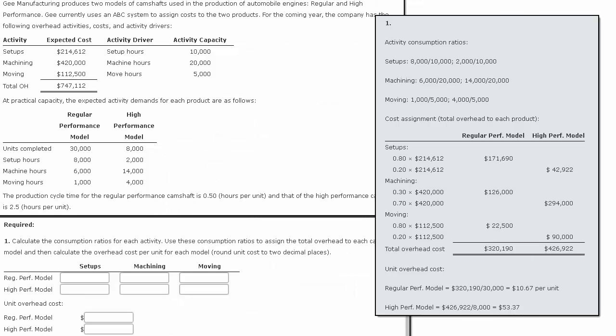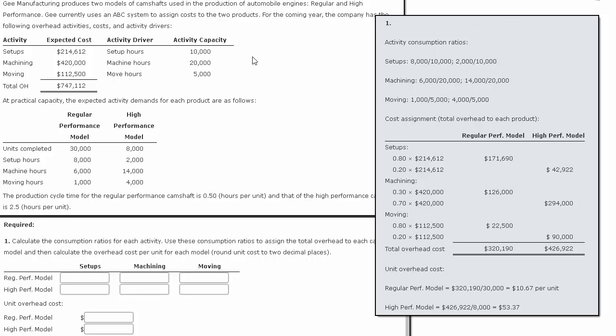Okay, so now you see the solution on the right part of the screen. How do we come up with the activity consumption ratio? Well, we take the 8,000, 6,000, and 1,000, setup hours, machining hours, and the moving hours, and we divide it by what?